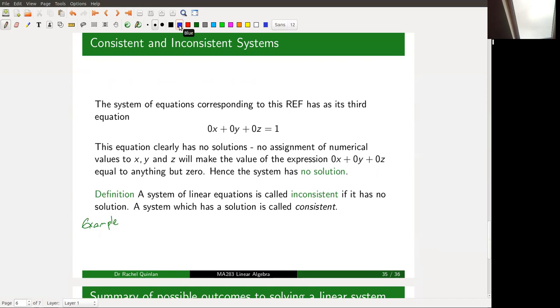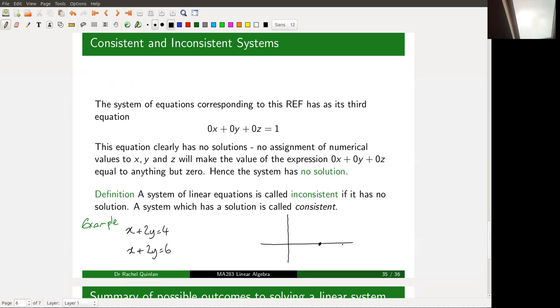So if you take an example like this in R2, like the lines x plus 2y equals 4 and x plus 2y equals 6, for instance. That's a pair of lines in R2. And of course, we can recognize from the way their equations are written that they are parallel to each other. So for example, the point (4, 0) is on the line x plus 2y equals 4.